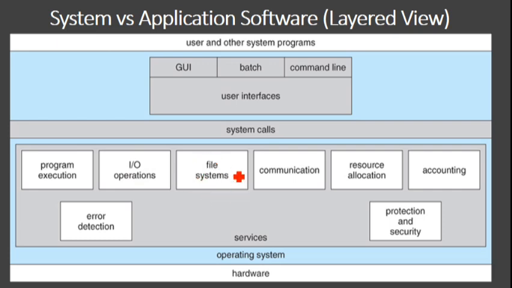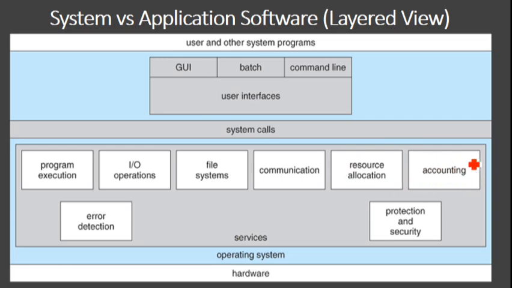Another service is the file system: reading, writing, updating, and deleting files. There is also interprocess communication, provided by the services of the operating system. Resource allocation: whenever the processor executes any process, it requires resources to execute its task, so the operating system allocates resources to the various processes while they are being executed.